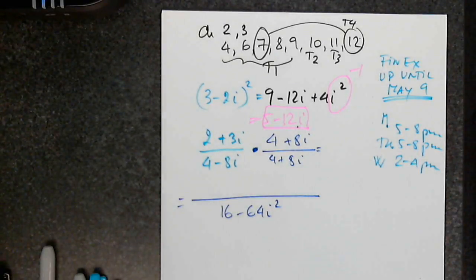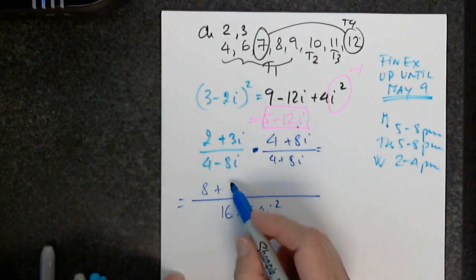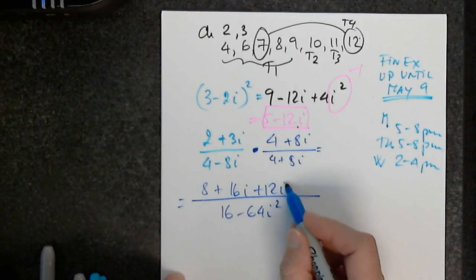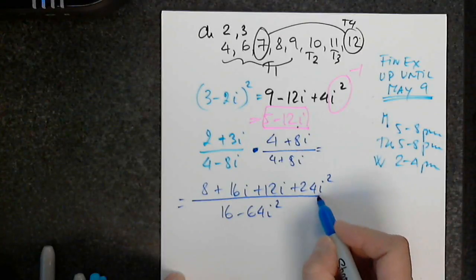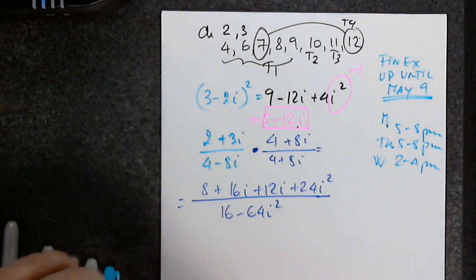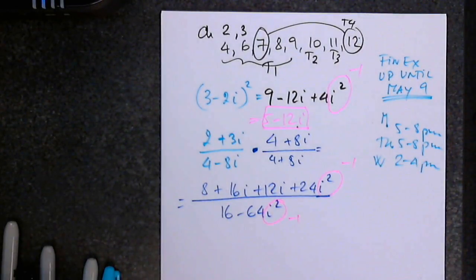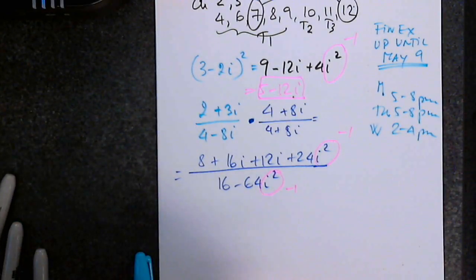But the numerator requires us to distribute, use FOIL. So 2 times 4 is 8, plus 2 times 8, 16i, 3i times 4, 12i, and 3i times 8i is 24i squared. At this point, I do what? Yes, I will replace i squared by negative 1, correct? And combine like terms.